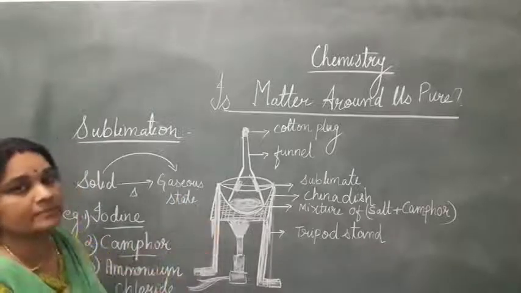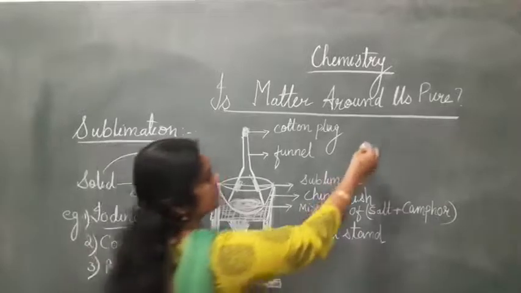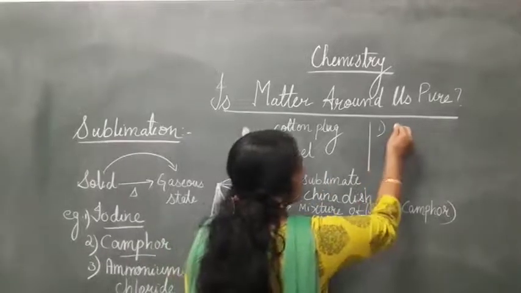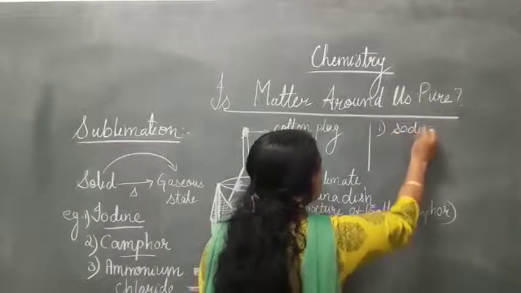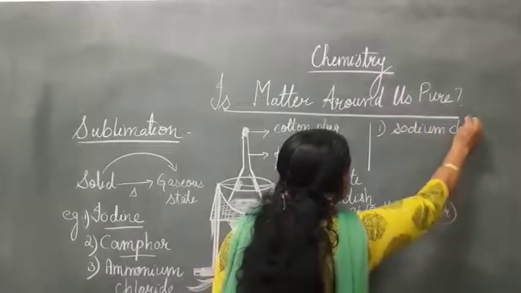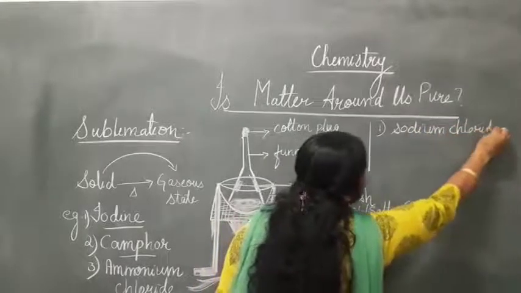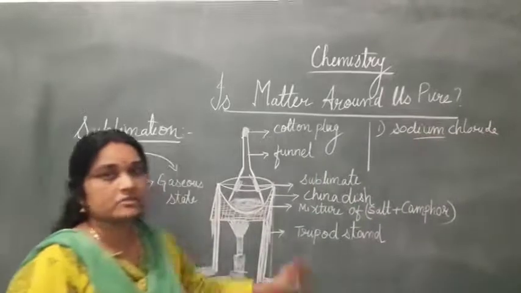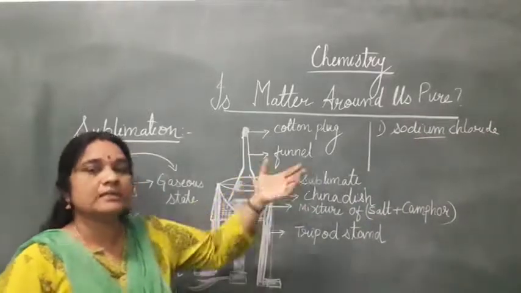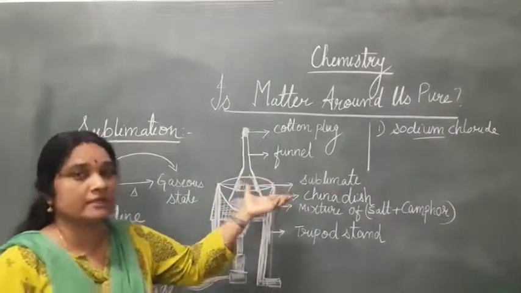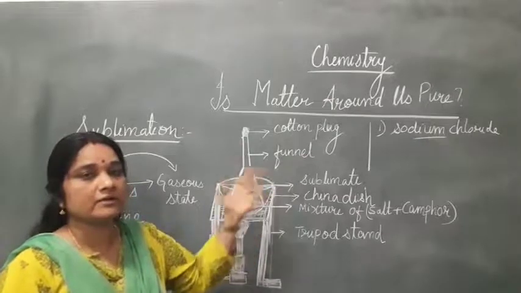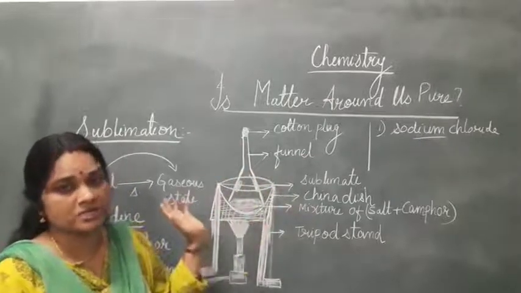Now which are non-sublimable materials? Non-sublimable are common salt, sodium chloride, NaCl. It is non-volatile and has a high melting point. It will not directly convert into the gaseous state.